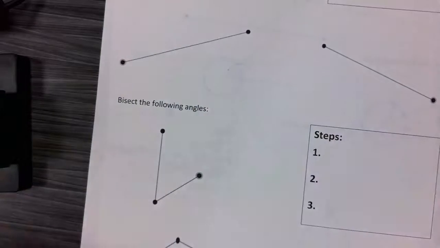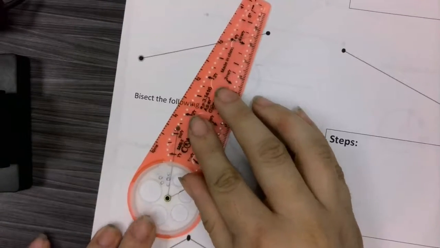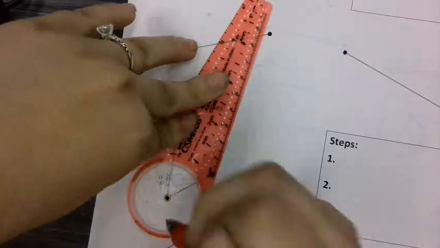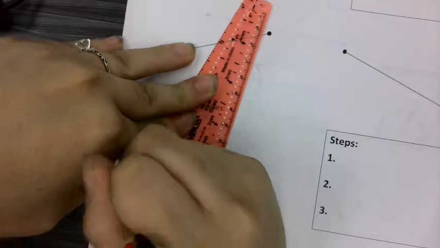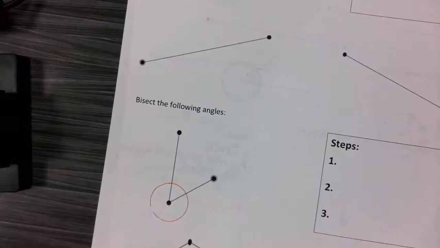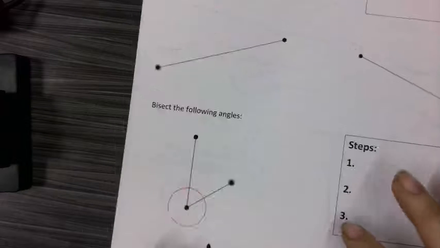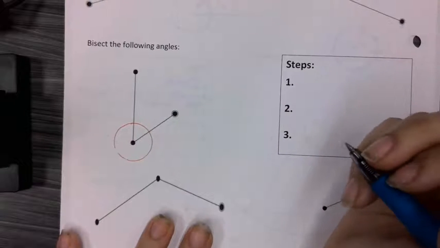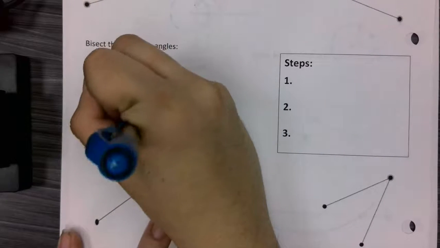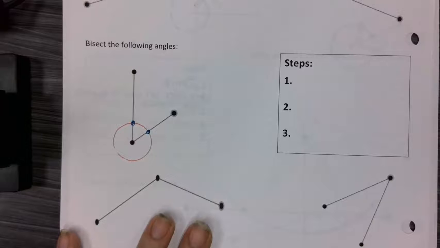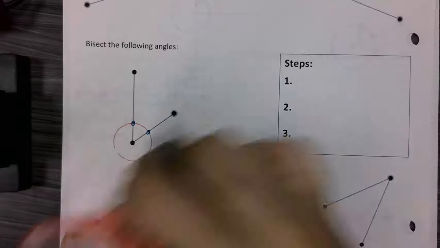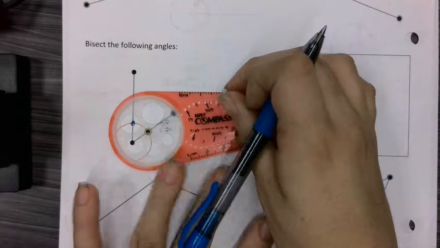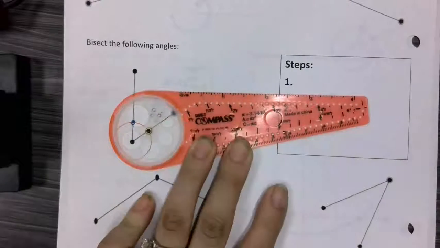Okay. So the first thing I did was I centered at my vertex and I drew a red circle. Any size for the red one. Then my next step is to look at where it's crossing the sides, and I put dots there. Then I centered my compass at one of the dots, and I'm going to draw a part of a circle in the middle.